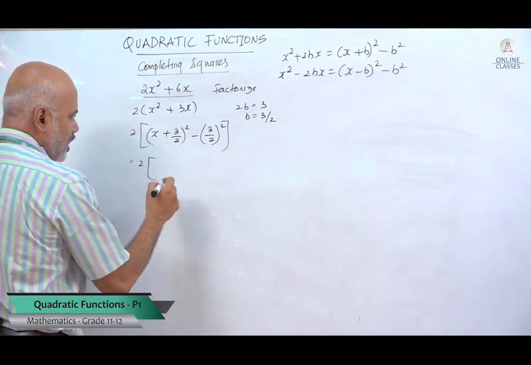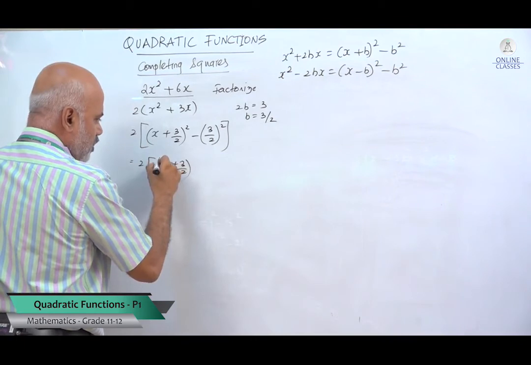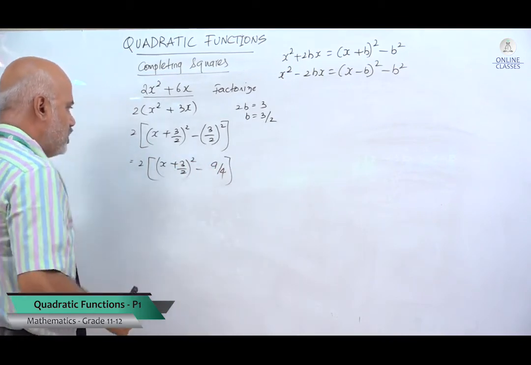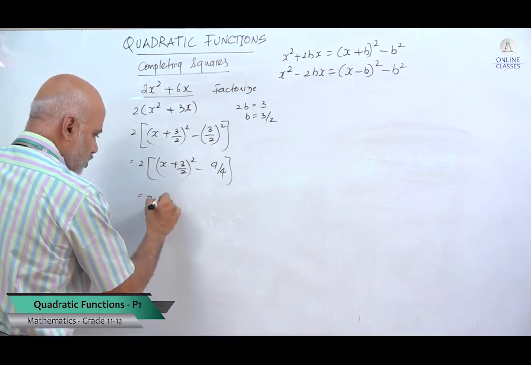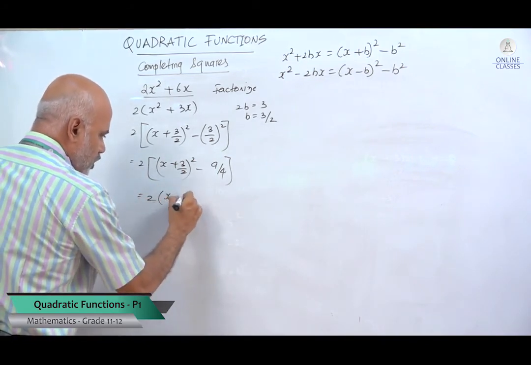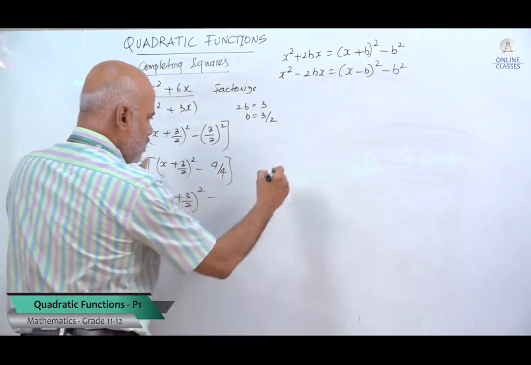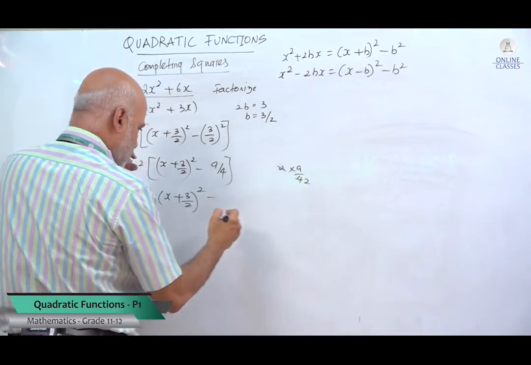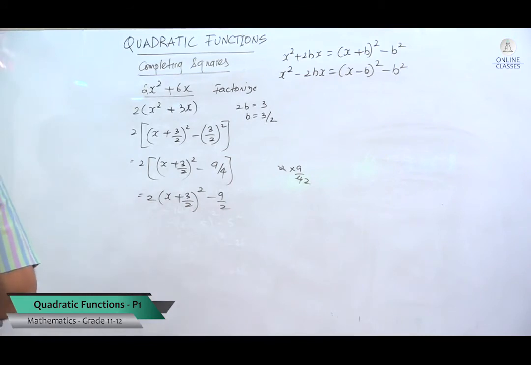So 2 times x plus 3 by 2 square minus 9 by 4. Then remove the bracket and put it in the simplest form. 2 into x plus 3 by 2 square. Then you multiply this 2 into 9 by 4. So the 2 gets cancelled, you get minus 9 by 2. So this is the format of the question and the answer you got in this case.